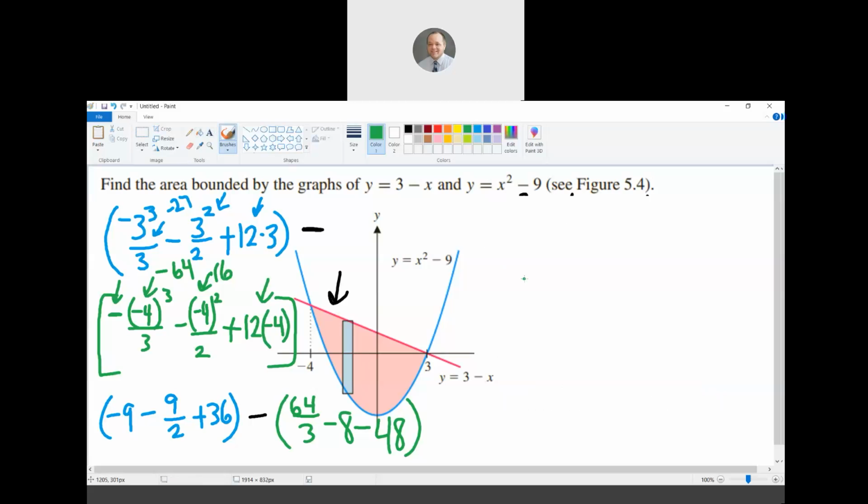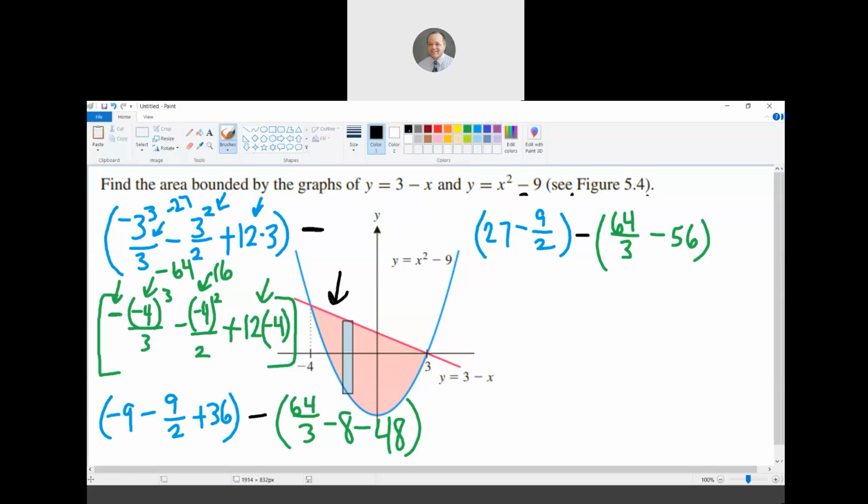All right, in blue, when we combine everything together, we get 27 minus 9 halves, minus, and in green, when we combine our terms, we get 64 over 3 minus 56.